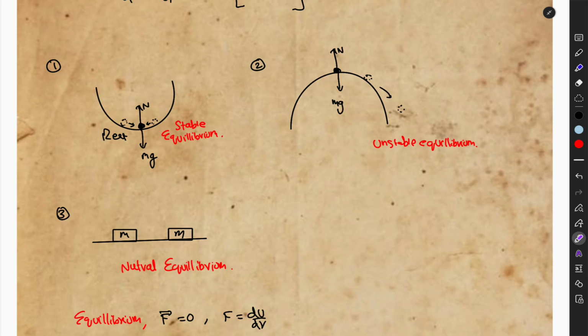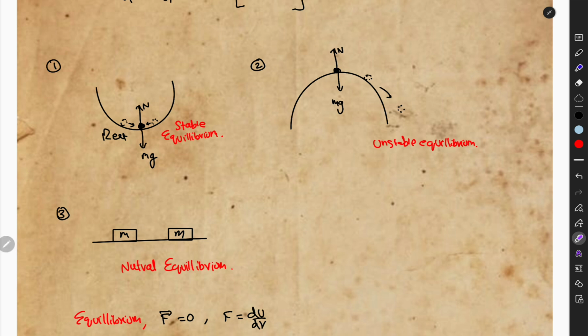To attain equilibrium is the only reason why we study. I know this sounds really unimportant, but attaining equilibrium is very important.